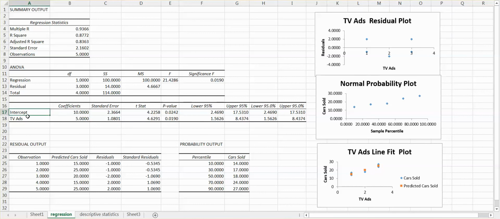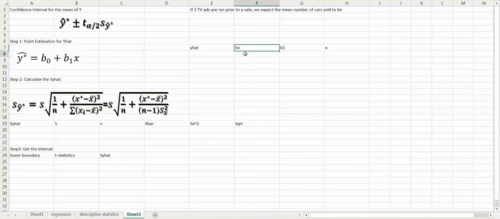In the third table, you will have the intercept and the TV ads. The coefficient corresponding to the intercept, 10, is the value for b0. So we can write down that b0 is equal to 10.